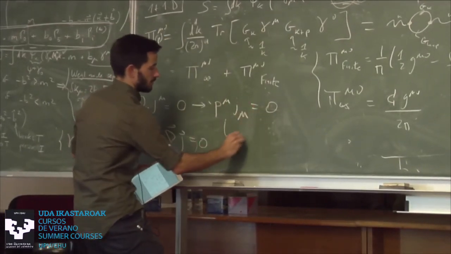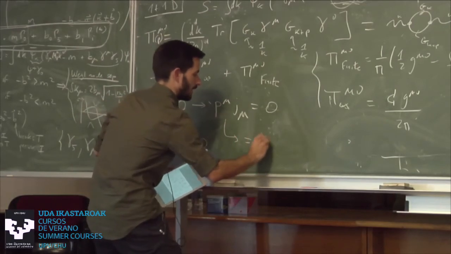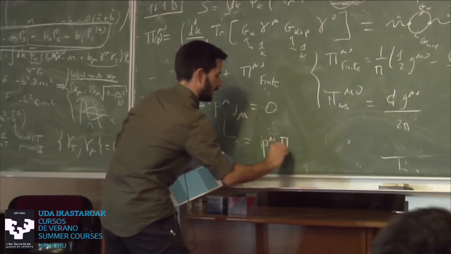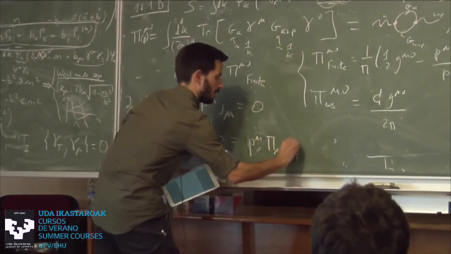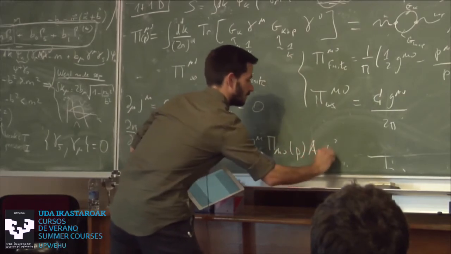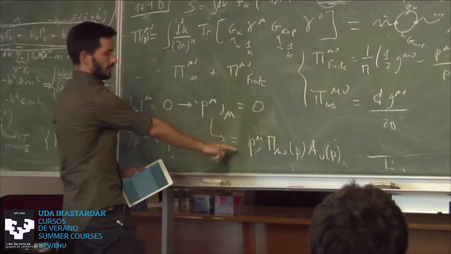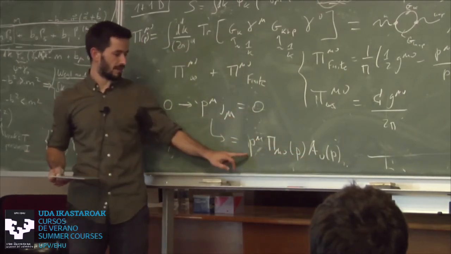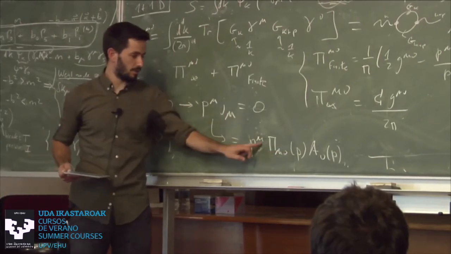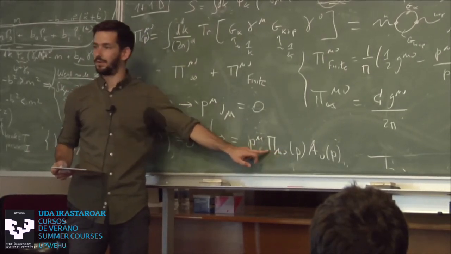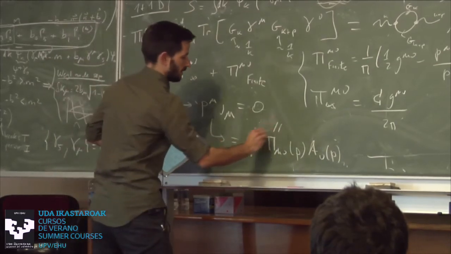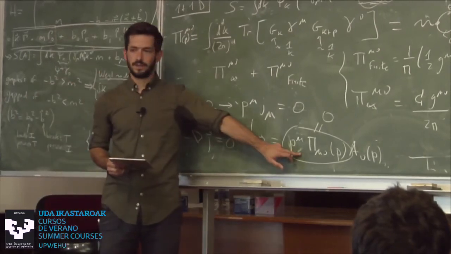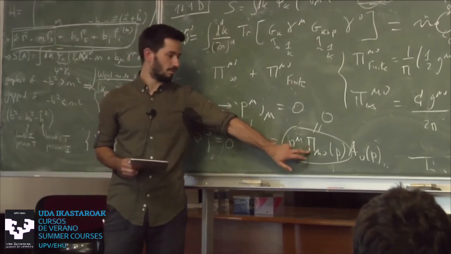But we know that this object is also P, let's see, P A nu. And so this thing has to be 0 for any value of A. So charge conservation, in fact, implies that this object, P mu pi mu nu, is 0, which sometimes we refer to as the photon being transverse.